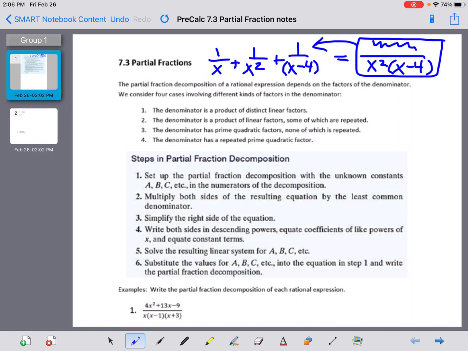So number 1, set up the partial fraction decomposition with the unknown constants A, B, C, etc. in the numerators of the decomposition. Okay, I want to just put a note first. If needed, because sometimes you need this, if needed, factor the denominator.